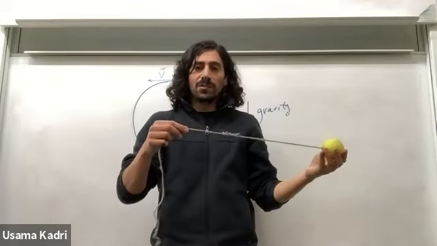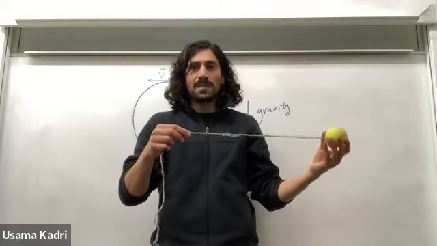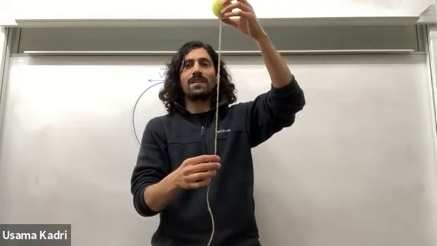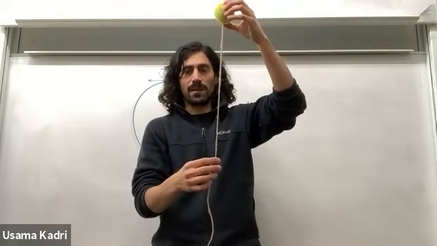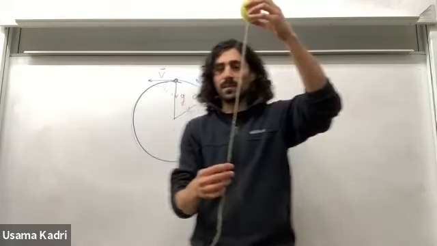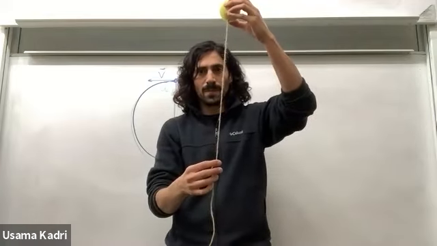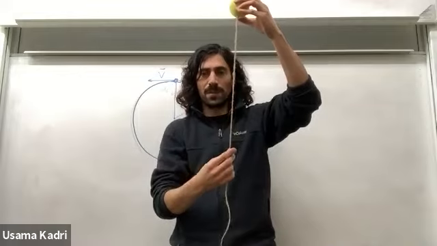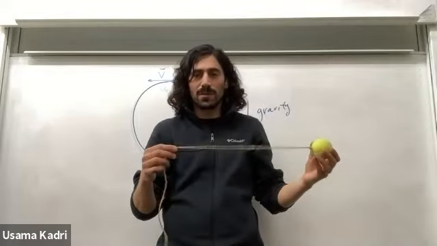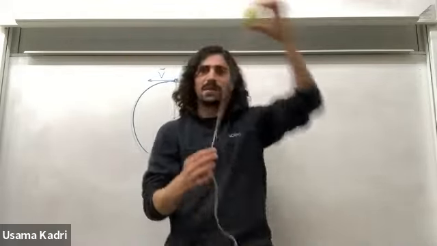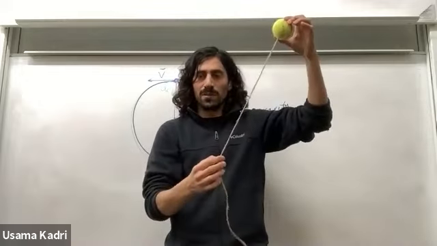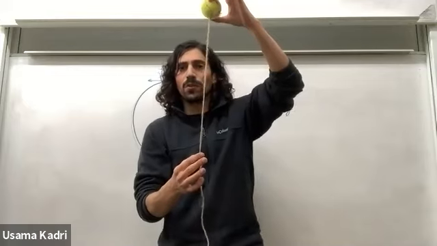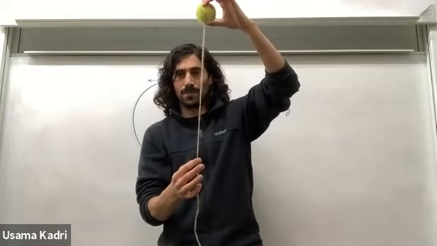So when I add gravity into play, as I go to this point, I would have less centripetal acceleration because gravity is helping me with the centripetal acceleration. So if I go exactly to the limit where I just want to make this circular motion, nothing more, this object would feel no pull at all at this point.